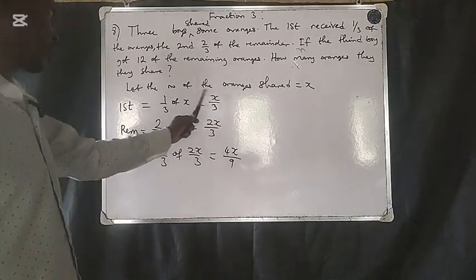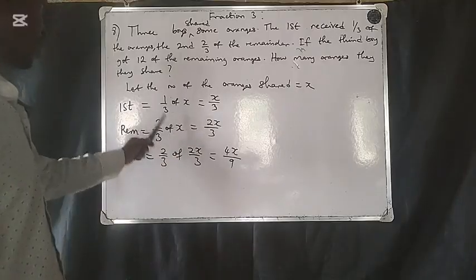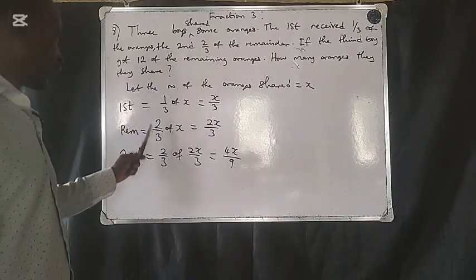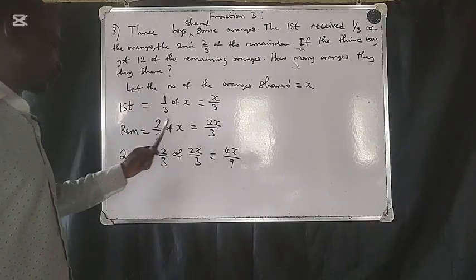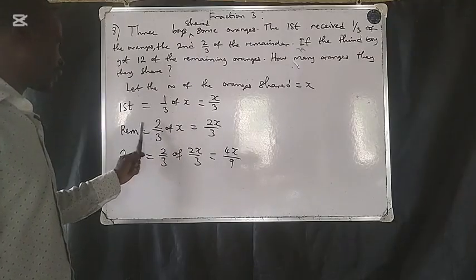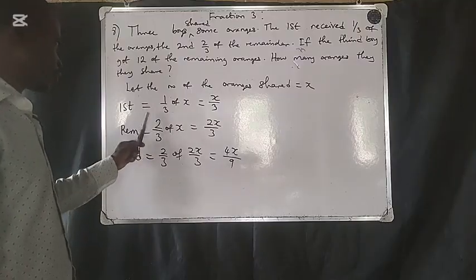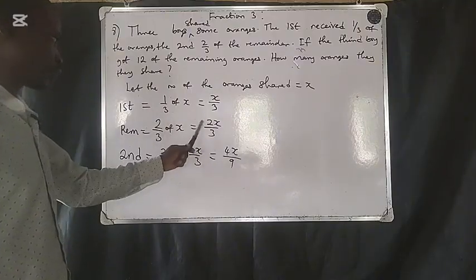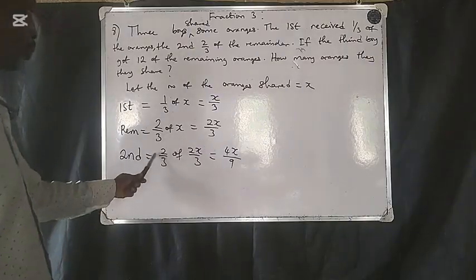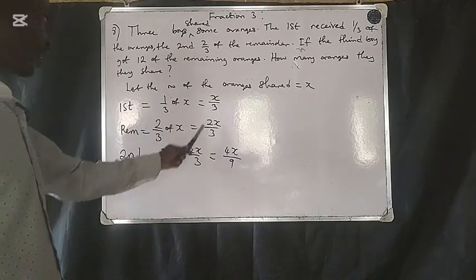The first boy got x/3, 1/3 of x. Then the remainder of that will be 2 out of 3. 1/3 is taken. It will remain 2/3 of the oranges, and 2/3 will be 2x/3.